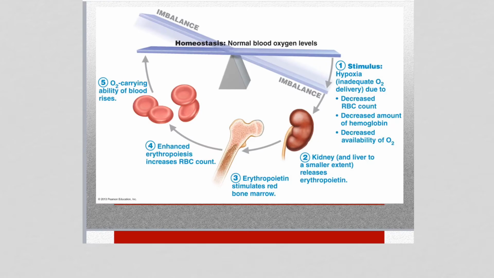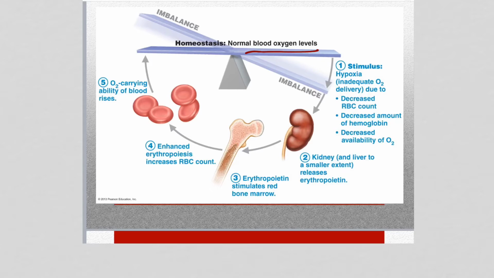Okay, so what regulates erythropoiesis is a negative feedback mechanism. The number of red blood cells in the body is constant. It's a balance between red blood cell production and red blood cell destruction. What you want to pay attention to is that what you're looking to maintain is normal blood oxygen levels.